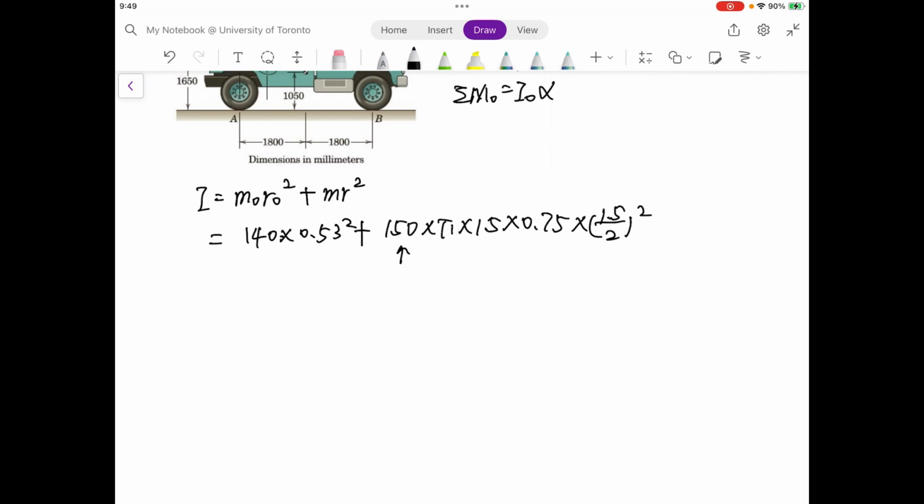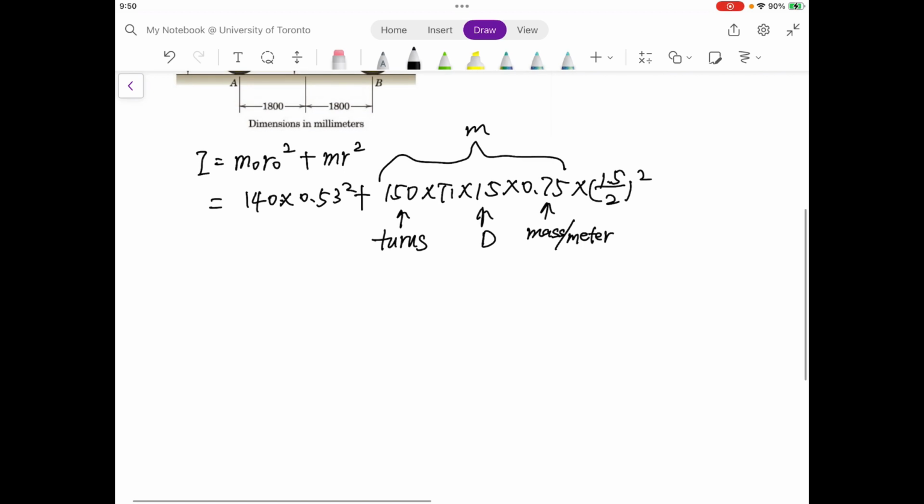So this is the turns, this is the D, diameter, this is mass per meter. The total is the mass. So I is equal to 338 kilogram times meter square.